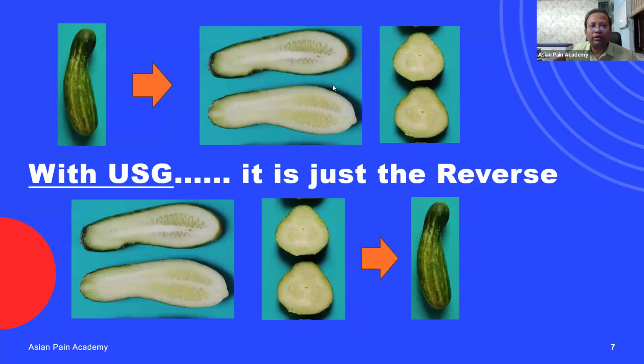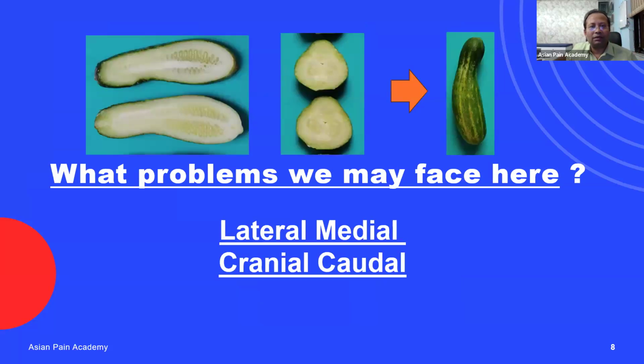As I told you, with USG it is just the reverse. From the cross section, we are imagining the main structure. What problems may we face here? Here we can see from this big vegetable which is the upper end and which is the lower end. But when we are doing it in a human body, from a structure we need to know two things.